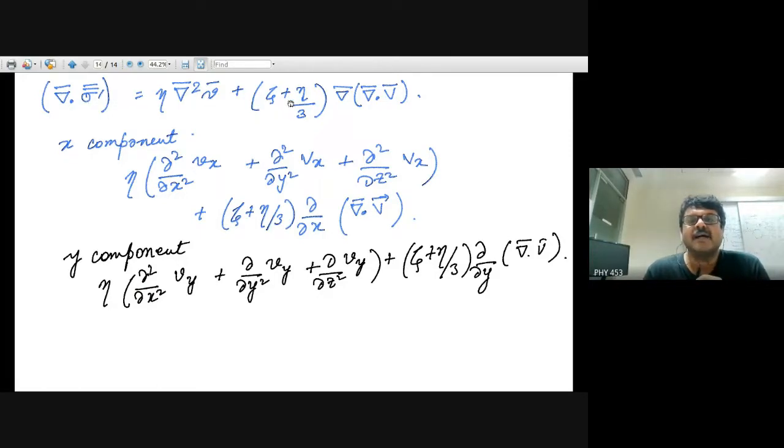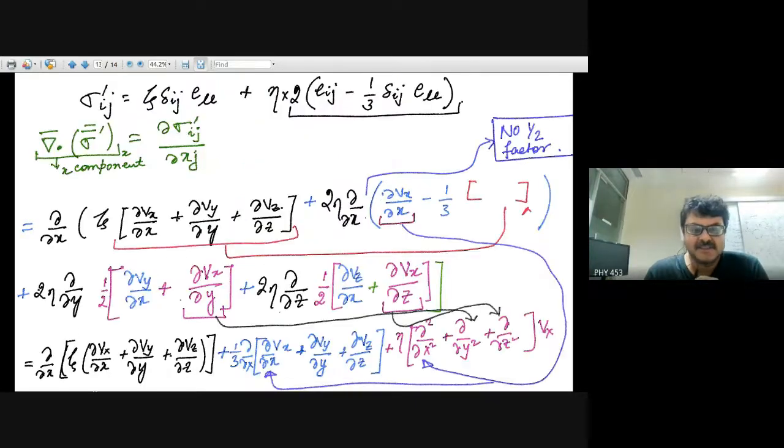And then the bulk viscosity and eta by 3, the bulk viscosity and eta by 3, I missed eta here, I think. Yes, this eta has been missed here. So we'll have an eta.